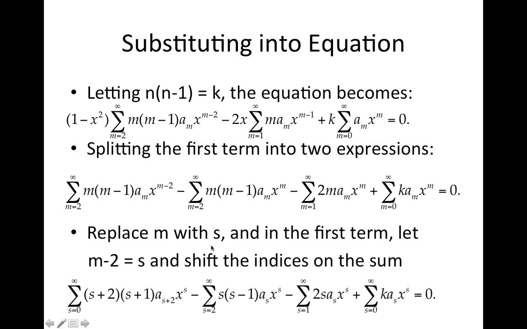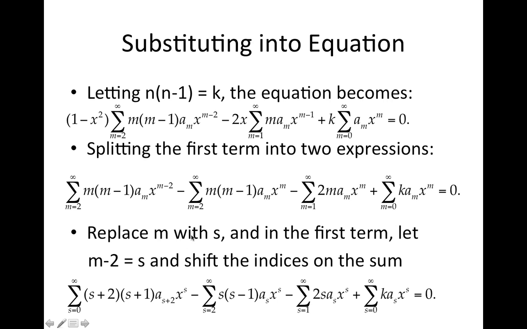So the first thing we want to do is work on the first term. In all of the terms except the first term we replace m with s. But in the first term, because this is the m minus 2 power, and we want to play around with the indices of the sum and the powers of x, we're going to let s be m minus 2.